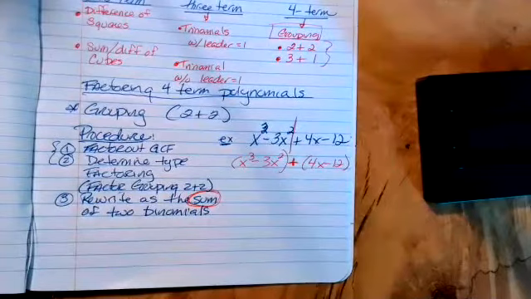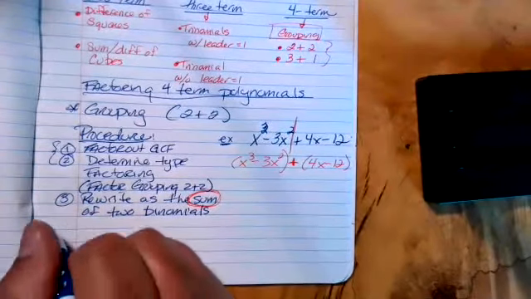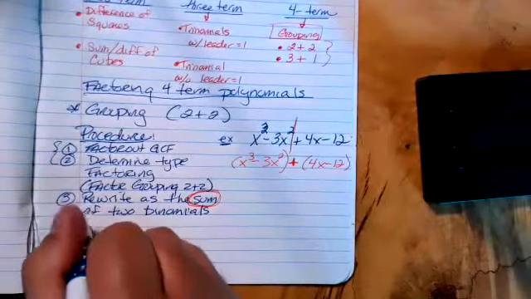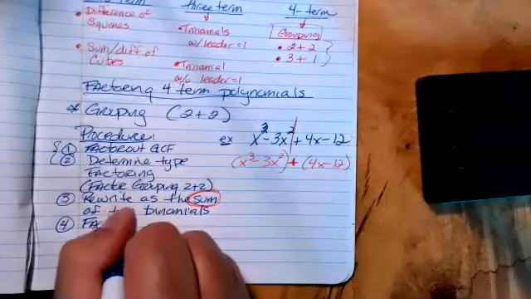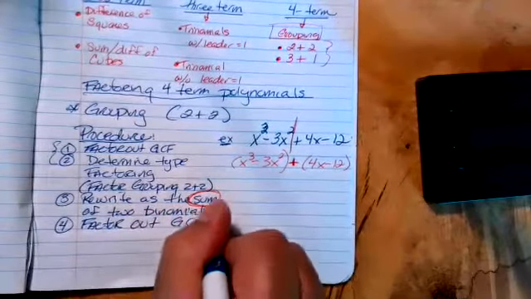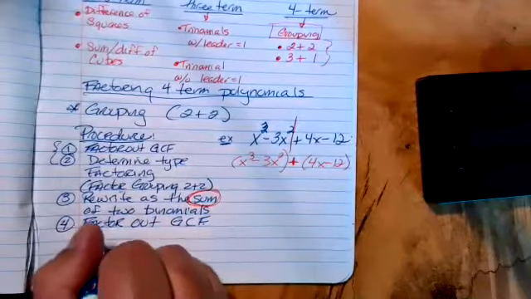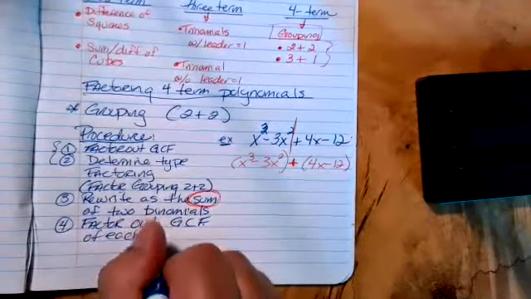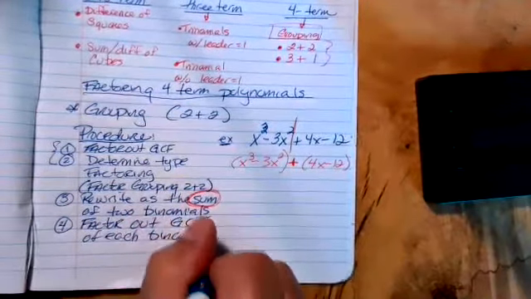We always want to write it as the sum of two binomials. Once we write it as the sum of two binomials, we're going to factor out the GCF of each binomial.